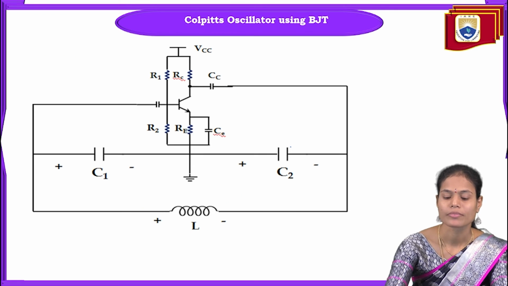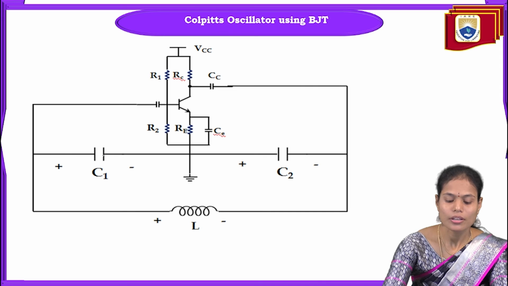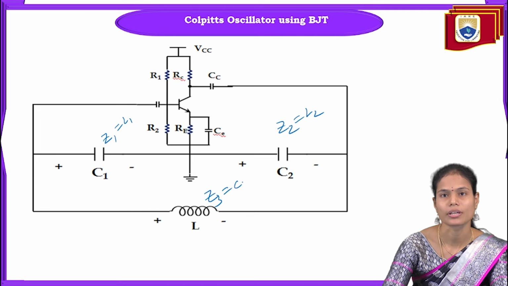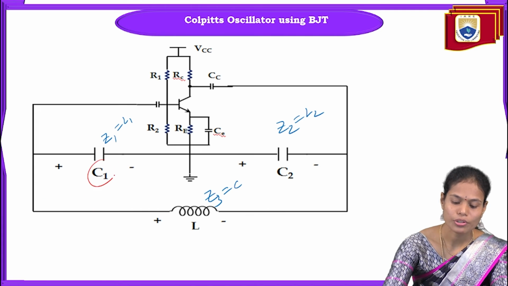And the next type of oscillator is the Colpitts oscillator. The basic difference between the Hartley oscillator and the Colpitts oscillator is this: in the case of Hartley oscillator, with Z1, Z2 and Z3, Z1 equals L1, Z2 equals L2 and Z3 equals C. But in this case, Z1 equals C1, Z2 equals C2 and Z3 equals inductance.